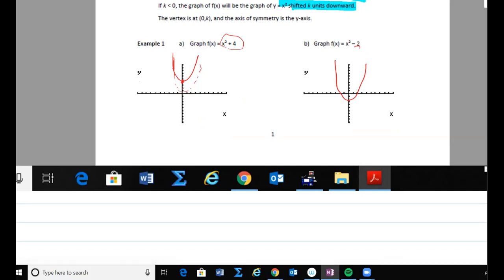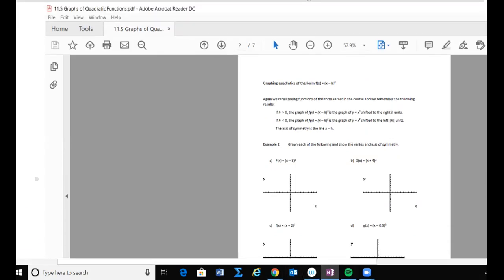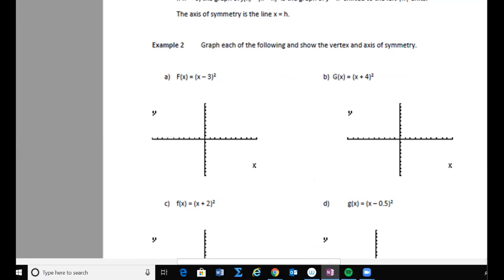All right. Next one. Okay, let's look at this, and let's zoom in a little bit so we can see a little better.